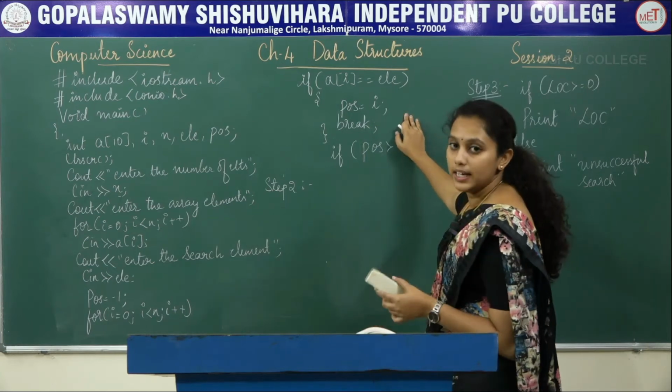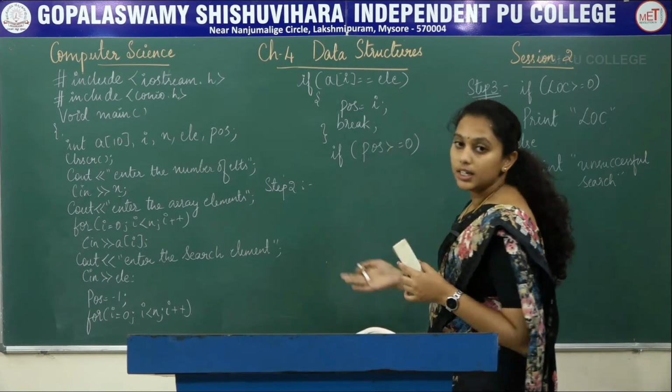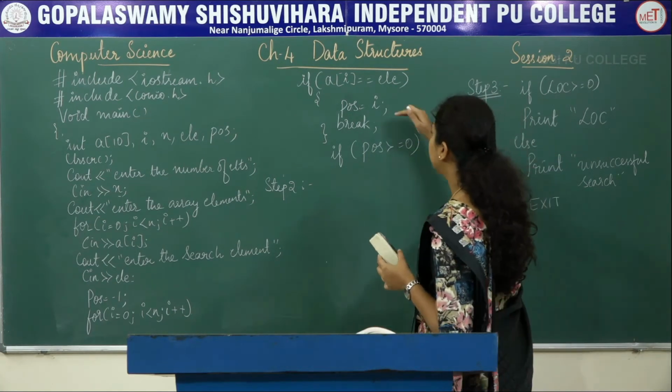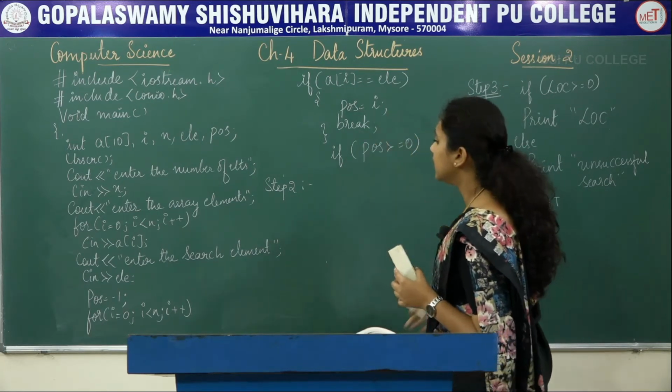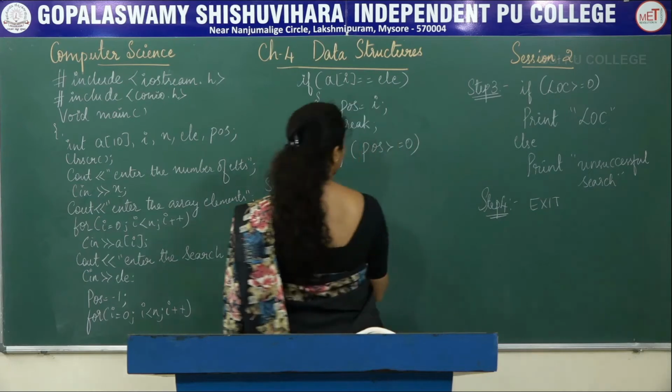If we didn't get the element, then it keeps on searching for the element. If we got the search element, then it will come out of the loop and then it will print it.